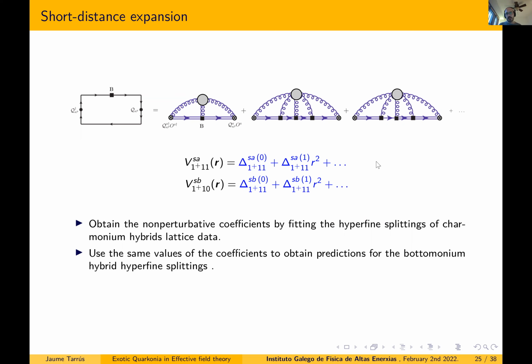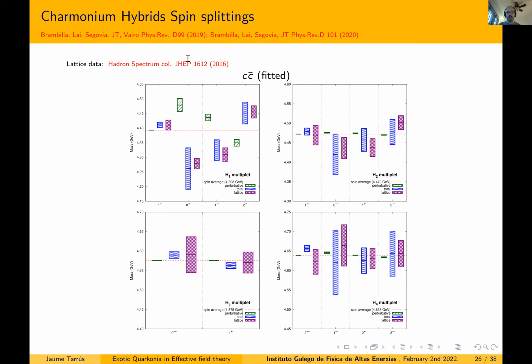So once we have this parameterization of the potentials, what we can do is compute the hyperfine splittings for quarkonium hybrids in terms of these constants. Then these constants can be determined by comparing with lattice determinations of the spectrum of quarkonium hybrids. In particular, we did this with the results for charmonium hybrids obtained by the Hadron Spectrum Collaboration. Here we organize various states which belong to the same spin symmetry multiplet. These are the quantum numbers of the hybrid states that belong to a particular multiplet.